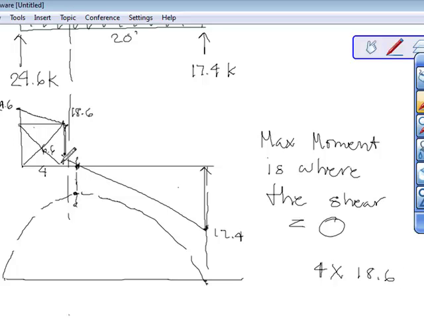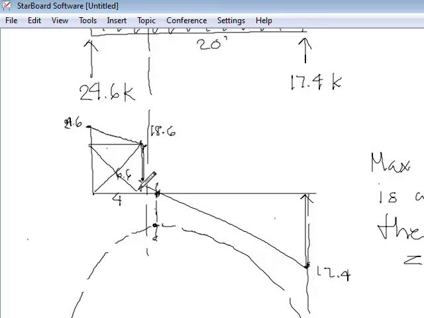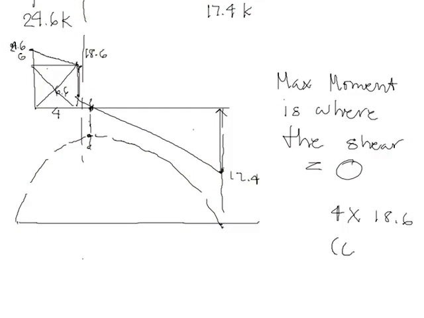And we've got this one up here. This was 6, right? And we know it's 4 long. So that's going to be 6 times 4 divided by 2, right? That's the next one. So we've got that one.